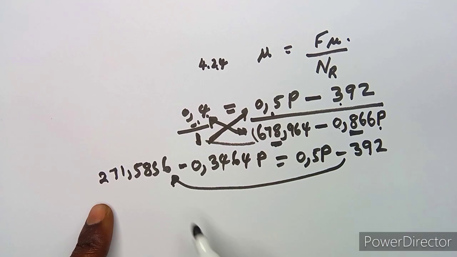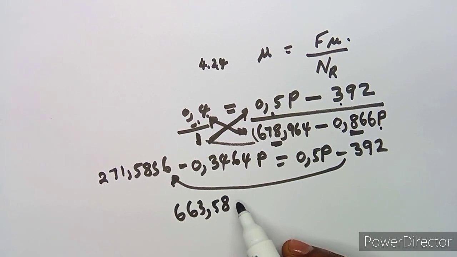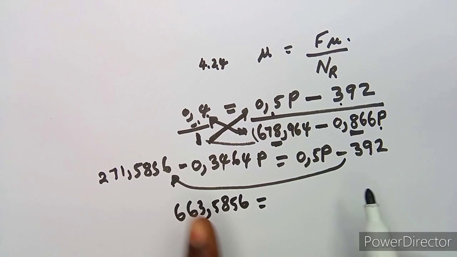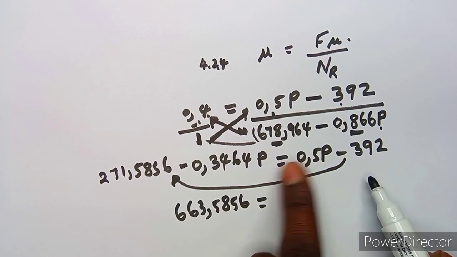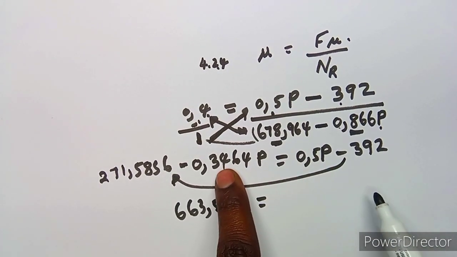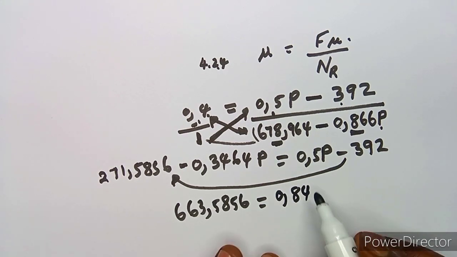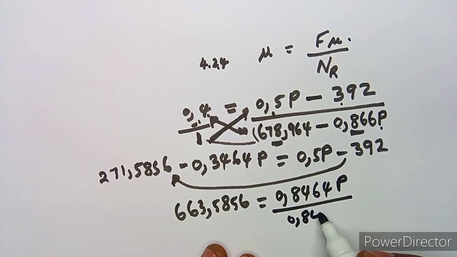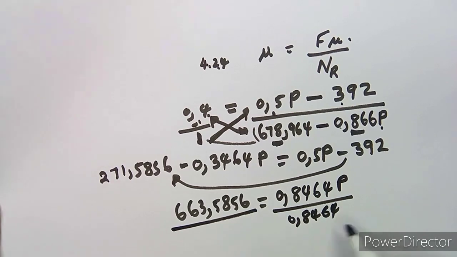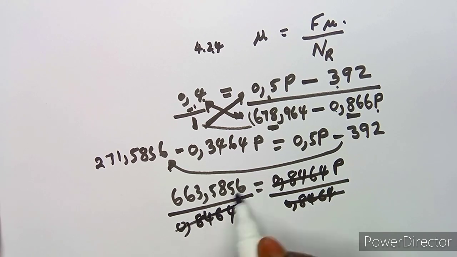If we add these two, you're going to obtain 663,5856, which is equivalent to, you transpose this negative to this side, which becomes positive, so it's 0.5 plus this value here, which gives us 0.8464p. So we can divide by this value on both sides. So that's it, guys. We can have our value of p here by doing so.